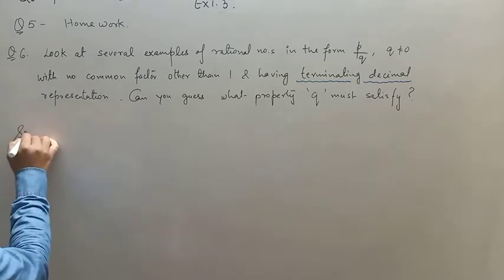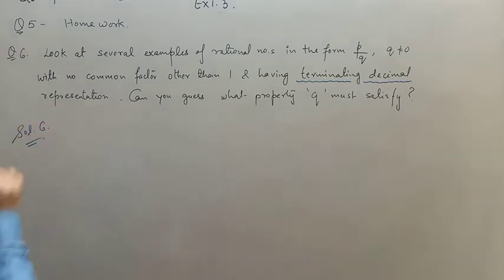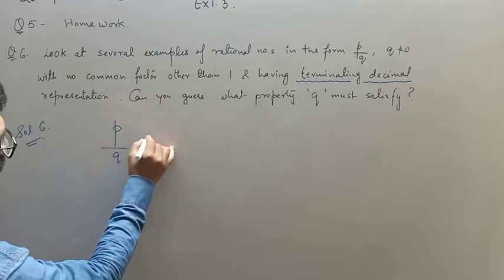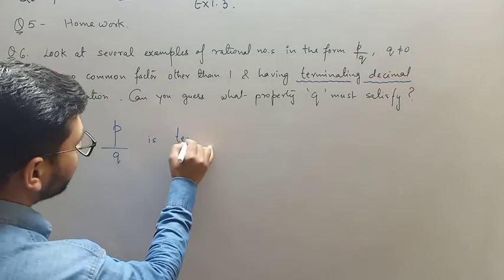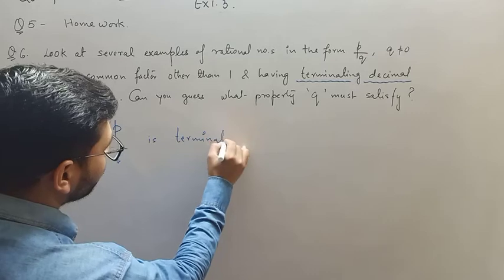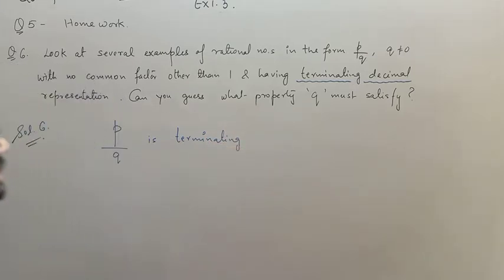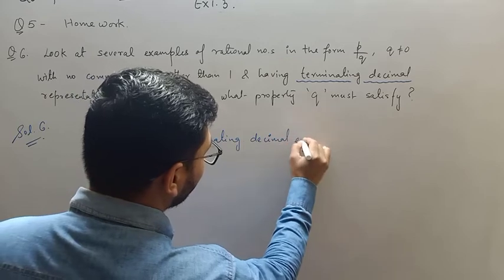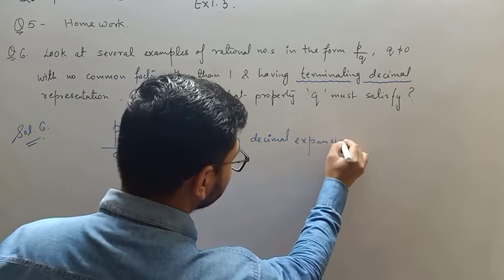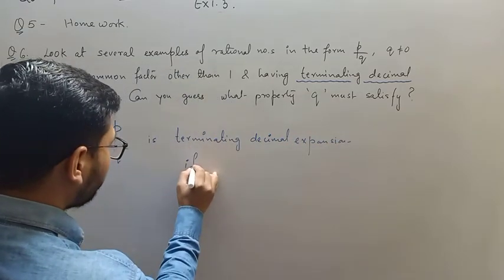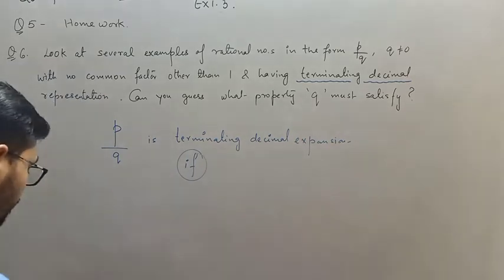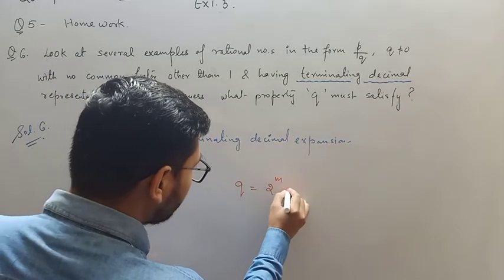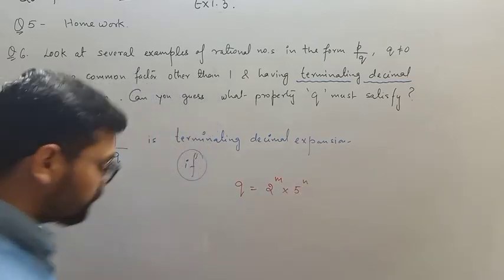So question number 6, the solution for question number 6 is P upon Q is a terminating decimal expansion if Q is in the form 2 to the power m into 5 to the power n.